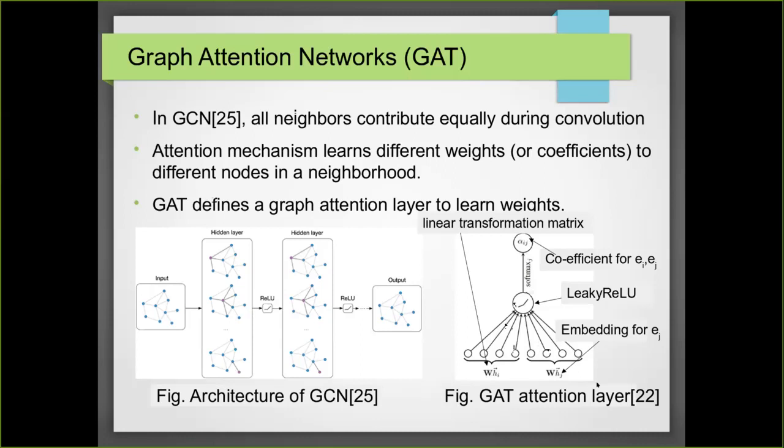From these embeddings and the linear transformation matrix, it learns a coefficient that represents the attention coefficient of the link e_ij. Then it works like GCN: it just uses this coefficient for aggregating the neighbors.